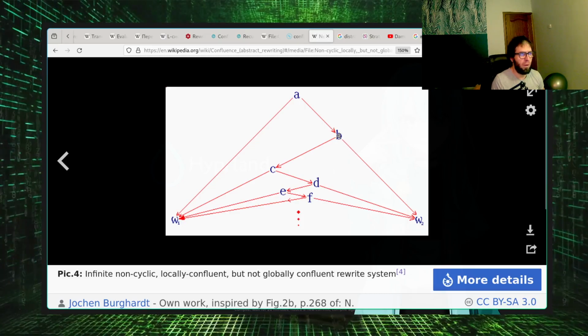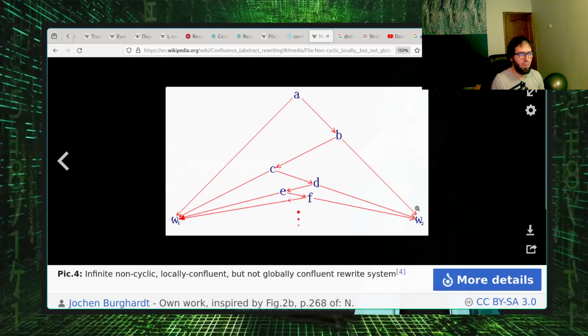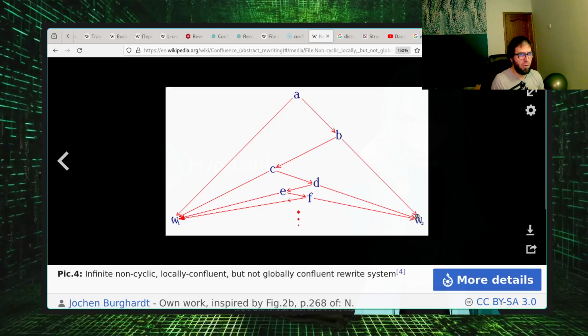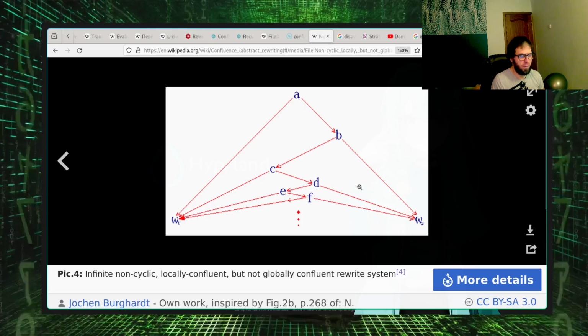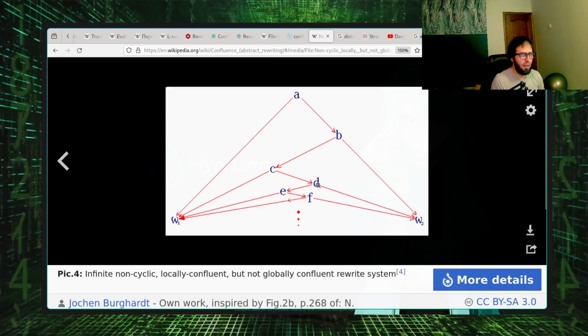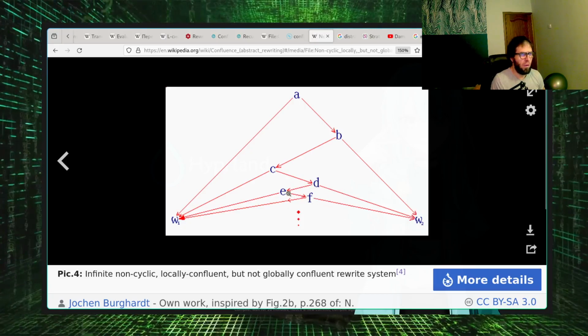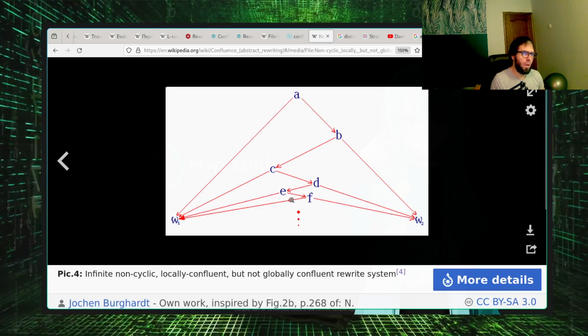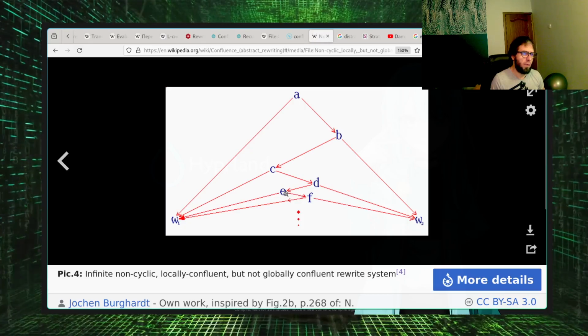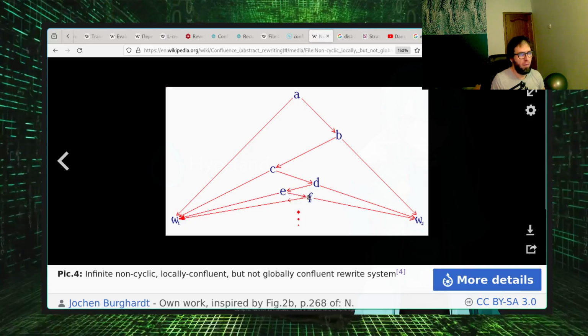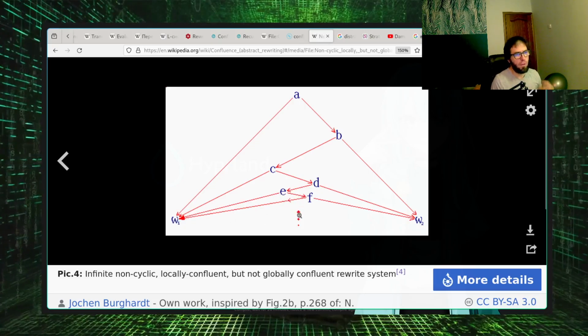If we take B, we have this path and this path, and they confluence to this. If we take C, we have this path and this path, and they also confluence. D and E also have the confluence, and if we take E, we have these paths, and they also confluence, and so on.